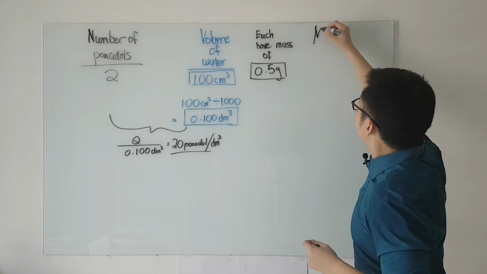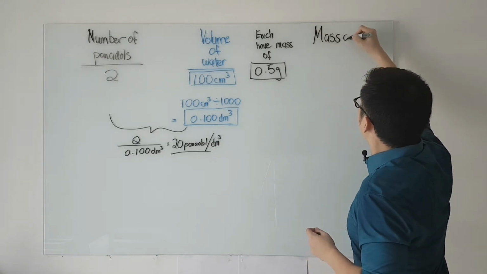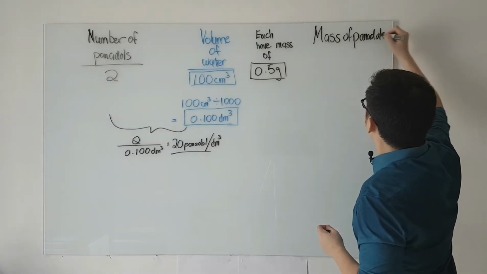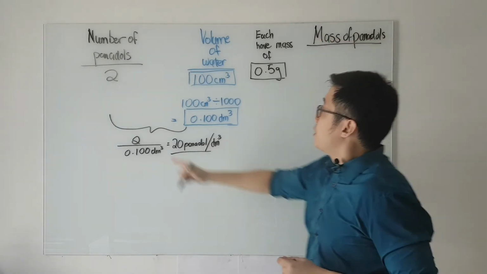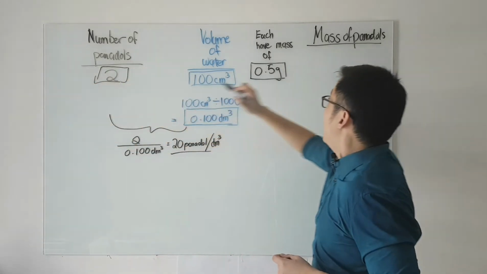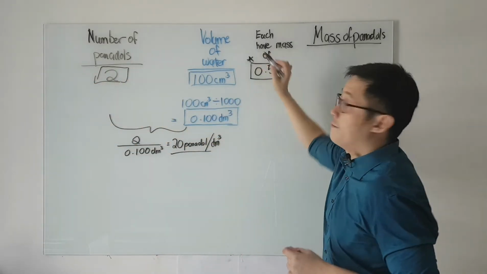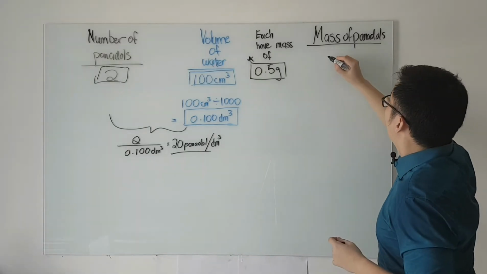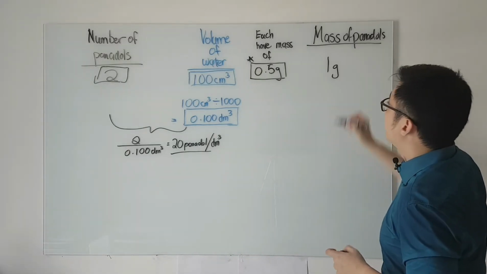The mass of Panadol in this case would then be 2 times 0.5 to give me 1 gram.